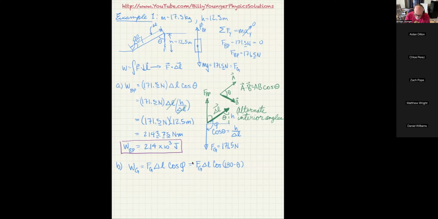So in place of what we had before for delta L times cosine theta, we're now going to have negative delta L times cosine of theta like we had before. So in this case, I can write it as 171.5 newtons times delta L.